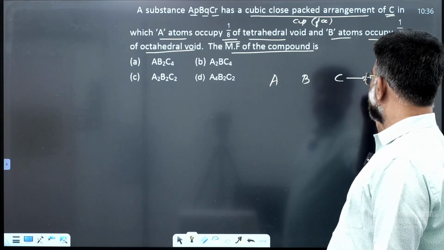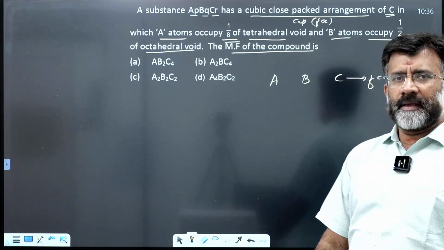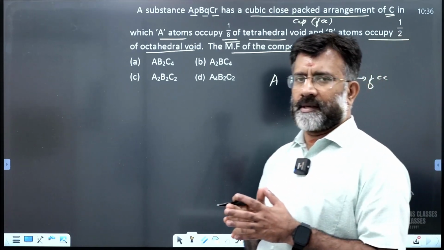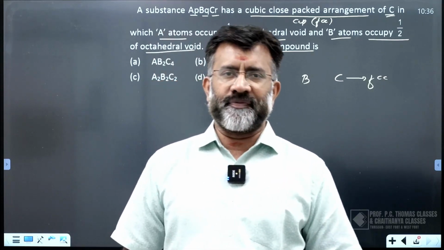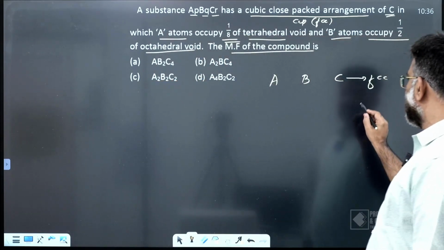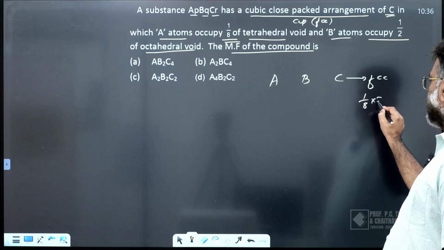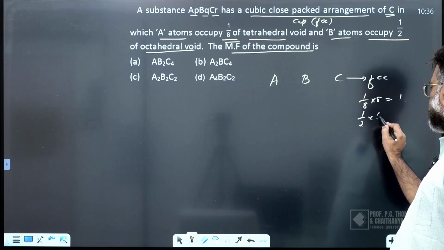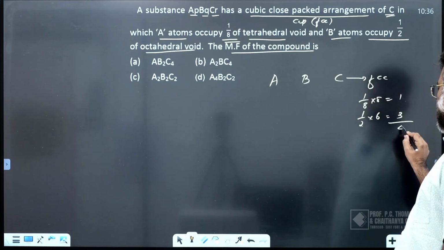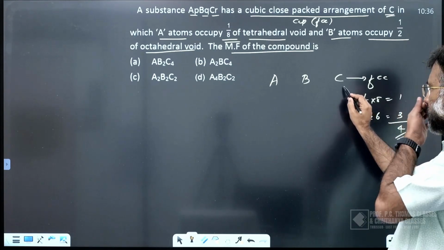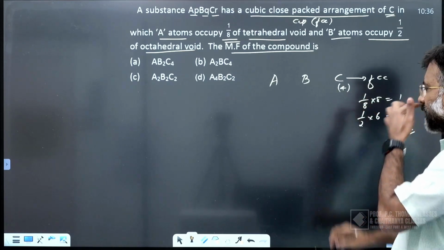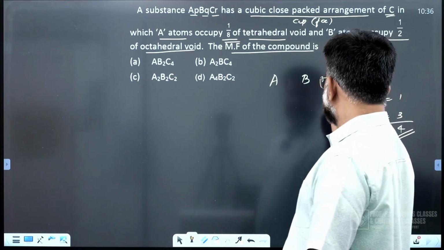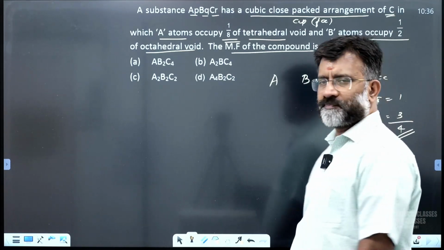C makes FCC. C makes FCC means particles are present at the corners and center of the faces. Particles at the corners, it will be 1/8 into 8, 1 particle. At face centers, half into 6, it will be 3 particles, total 4 particles. So there are 4 particles of C. That means N equals 4.